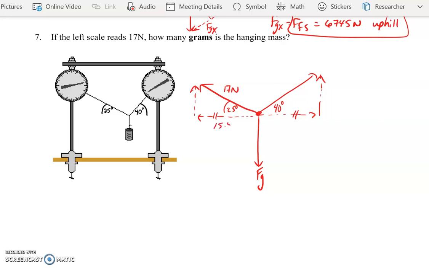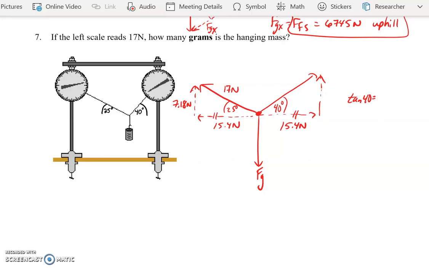That would be 15.4 newtons on the bottom and 7.18 newtons on the y side. We already know that has to be the same as the x component on the other triangle. And then we can use tangent to get the y component.